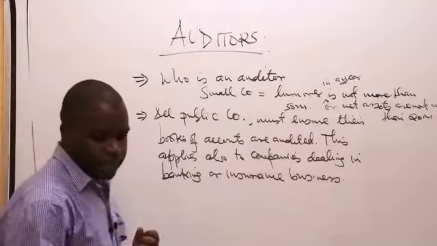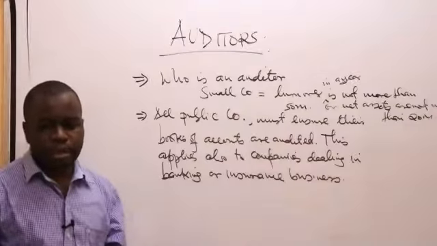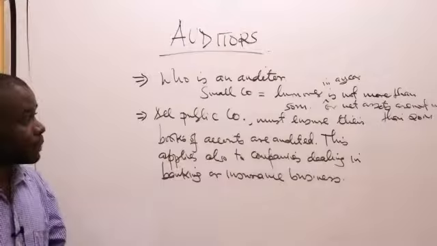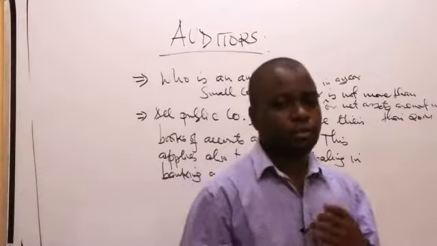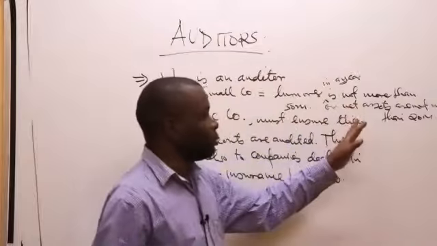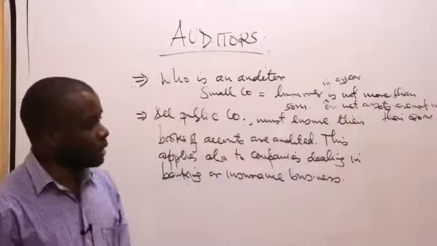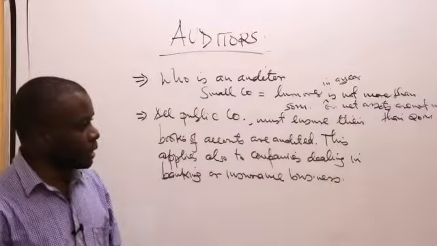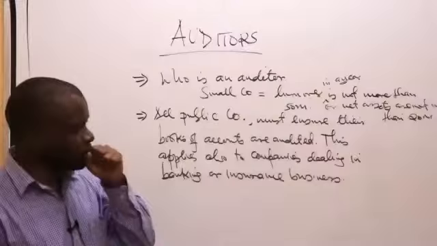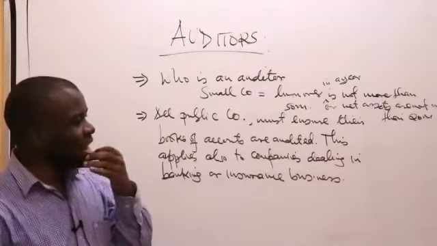So if its turnover is not more than 50 million shillings in a year, and turnover means your sales do not exceed 50 million, or your net assets are not more than 20 million, then you will be categorized as a small company.